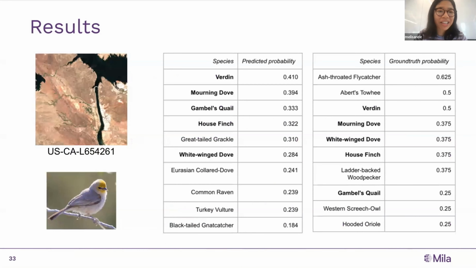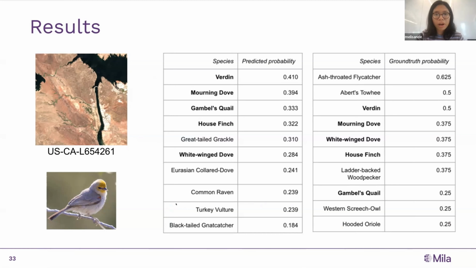And more qualitatively, I just want to show this sample prediction of our model. This is in California. What is interesting is that the model is able to pick up species that are fairly rare with restricted habitats, like the verdin.